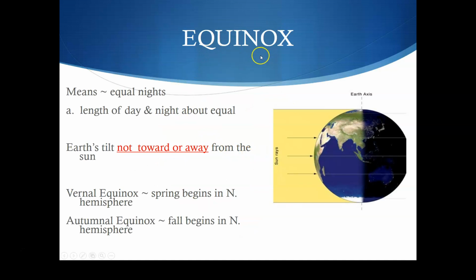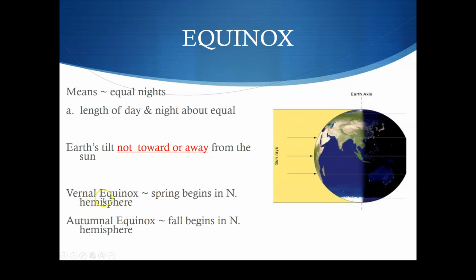An equinox means equal. This is when we have equal day and equal night. That means we have about 12 hours of daytime, 12 hours of nighttime. The earth is not pointed towards or away from the sun, and we know that as spring and autumn.